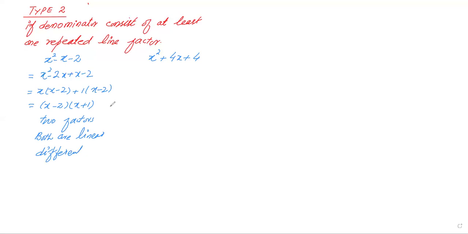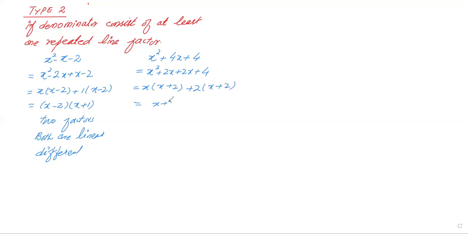Now I will make the factors of the last one, x square plus 2x plus 2x plus 4. x is taken as common, x plus 2, plus 2 is taken as common. Again, I will get x plus 2.